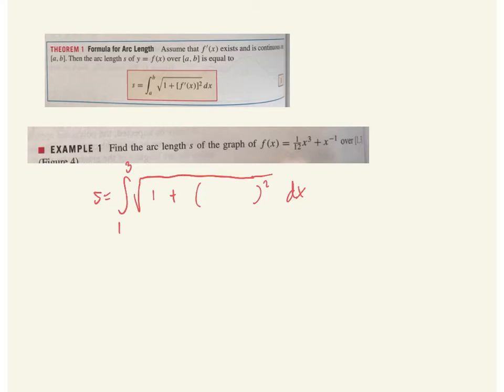In this case, it's just a power rule, so we would have 1/4 x squared minus x to the negative second. Putting that into our calculators, I came up with an answer of 2.833. So that would stand for the distance along the curve f of x from 1 to 3.